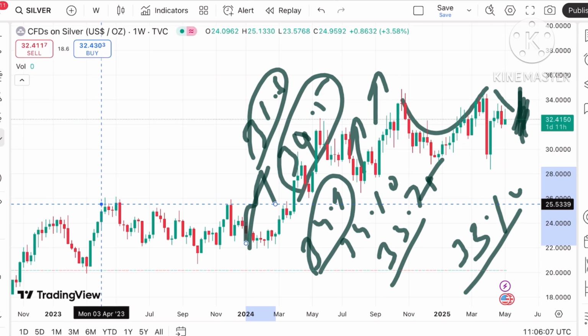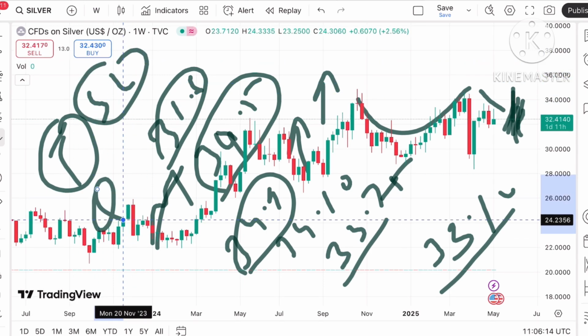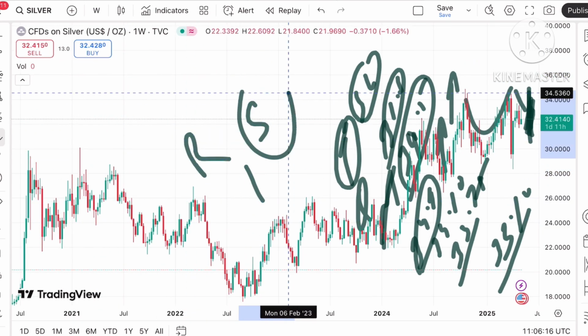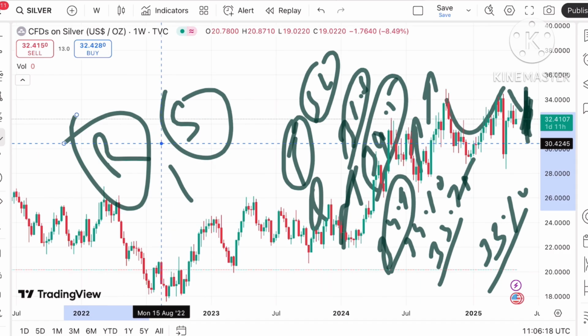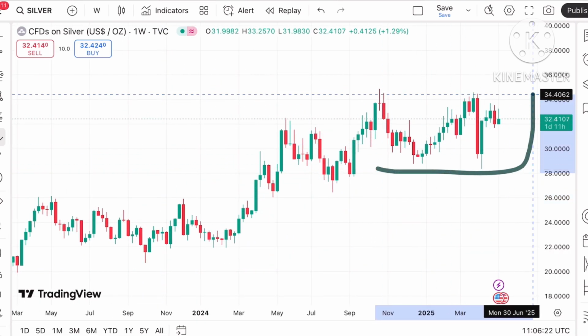This is a weekly chart, so your target, your SL, and your quantity should be as per the week, because resistance and support are based on the weekly chart. The price is moving in this zone.